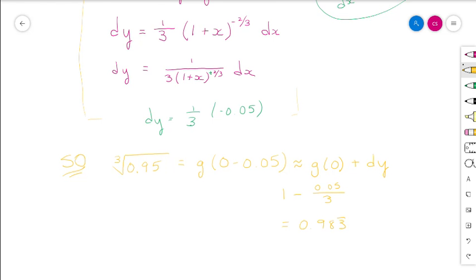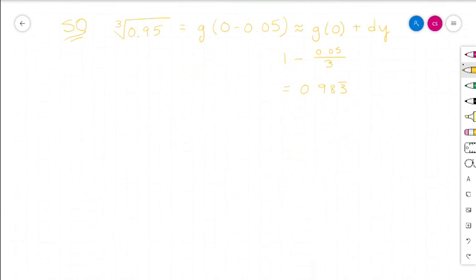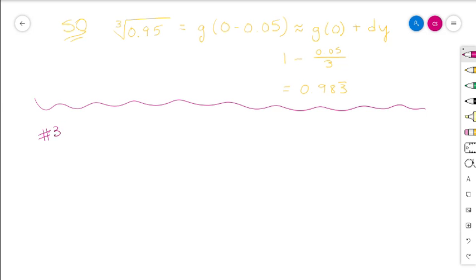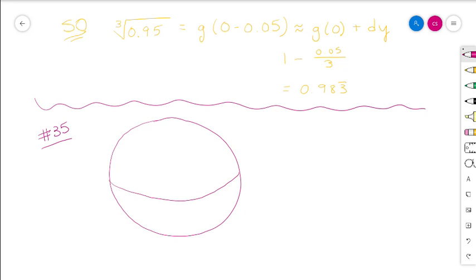So our first application, the one we're going to do together, is number 35 in the homework section. And this is what it has. We have the circumference of a sphere. I always like to draw pictures. So the circumference, the distance around the sphere, is 84 centimeters.